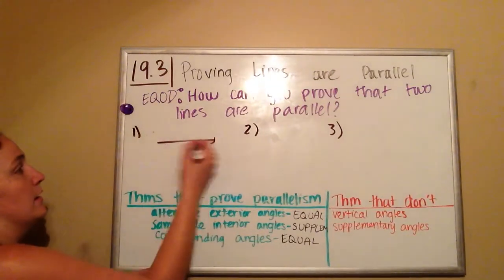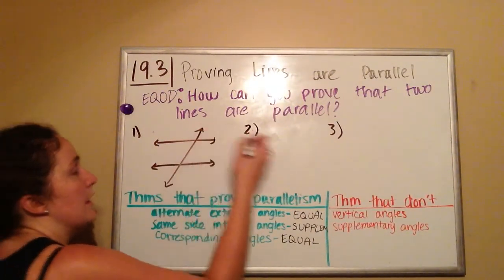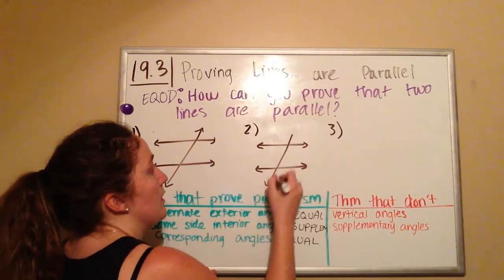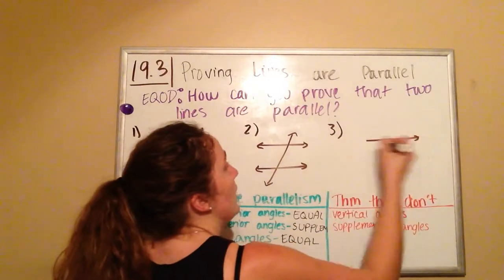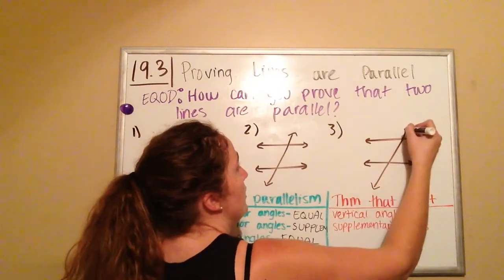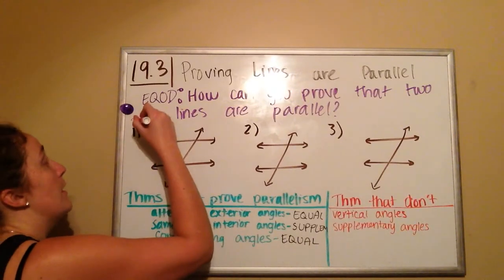That's all that fits. They're going to all look the exact same, so you can just draw a bunch of these: 2 lines that appear to possibly be parallel and a transversal. Okay, and we're going to be deciding, are they parallel or not?